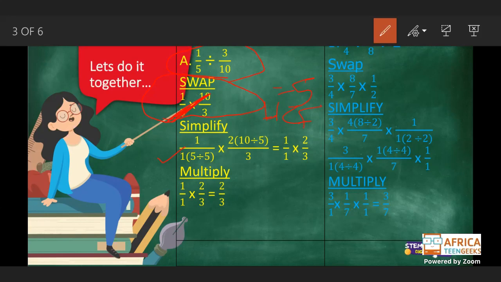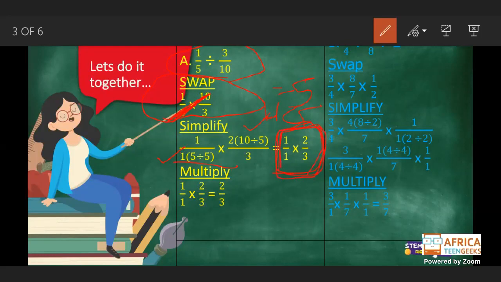Now we deal with our 10 and 5. 5 divided by 5 gives us 1, and 10 divided by 5 gives us 2. So here's our new fraction after simplifying.